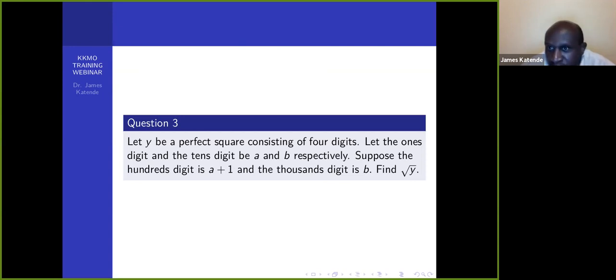Any ideas, or should we proceed to the solution? This one requires a little more thought than the previous ones. That's why it's coming at number 3. As we go higher, the temperature also goes higher.